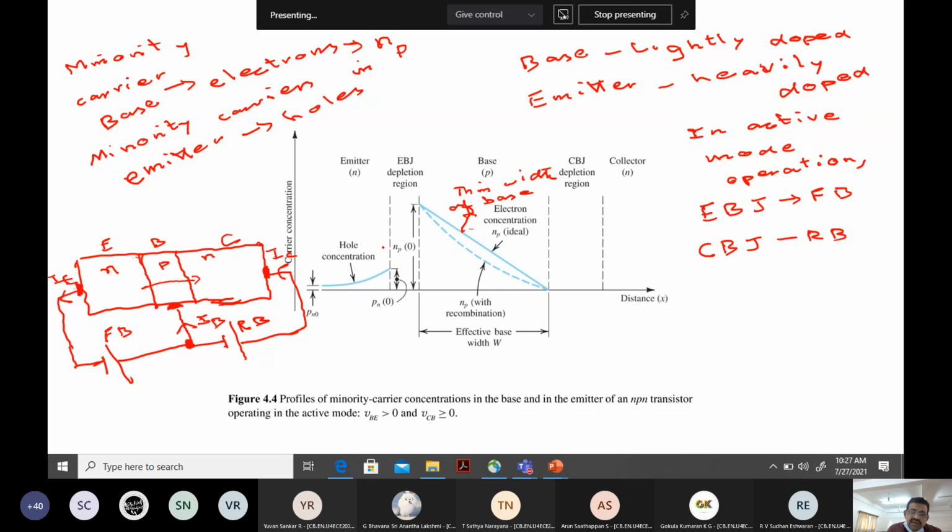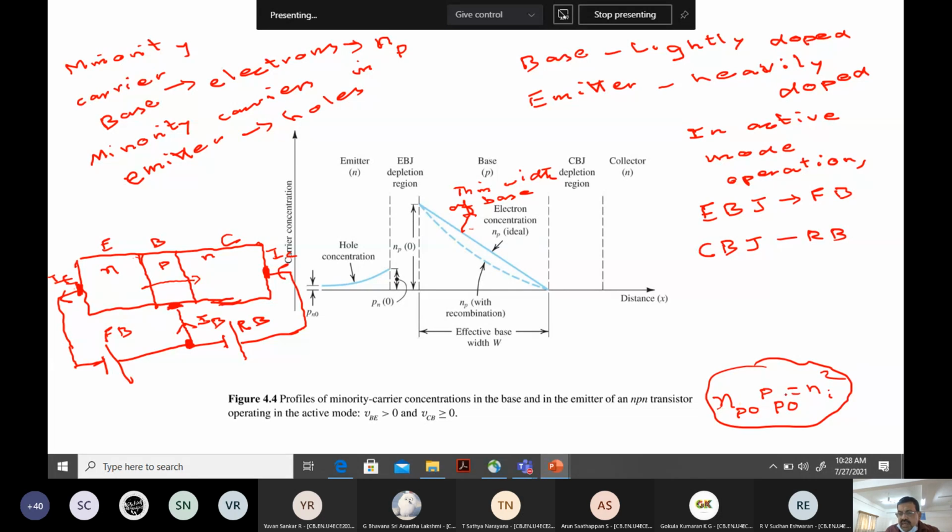Now even without the bias, when no bias is applied, there will be equilibrium carrier concentration given by the doping levels, because we know NP0 and PP0 will be equivalent to Ni square. This will be under the equilibrium.